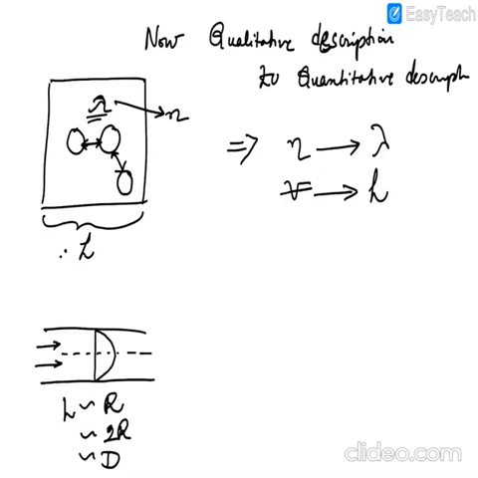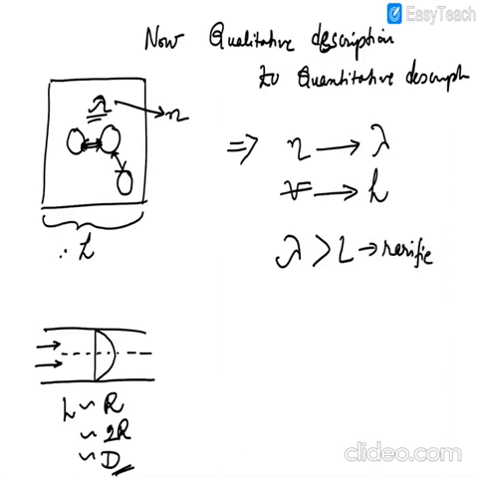Okay. So now, as we already understood, a case when lambda is greater than L, that means the mean free path, the distance traveled by the molecules after collision, is greater than the length of the system or the characteristic length of the system. Then we can call it a rarefied system.